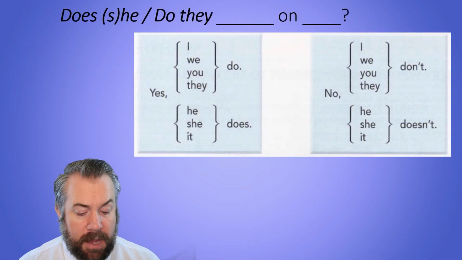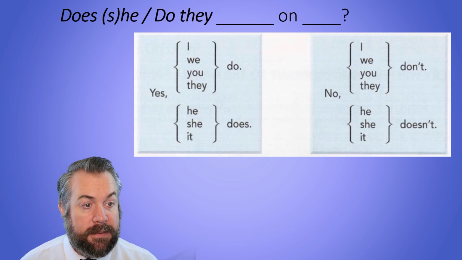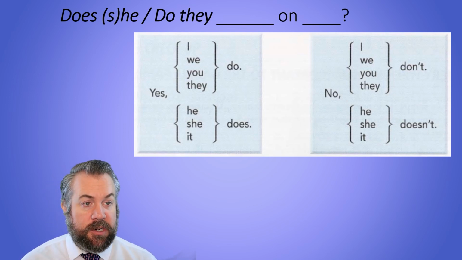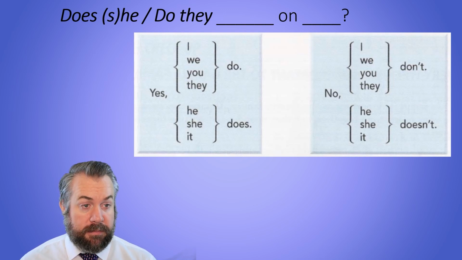On page 91, we are presented with some questions about Jeff, Julie, and Mr. and Mrs. Baker. At the top, we have the structure for the answers. The question would be, does he or she or do they activity on day?